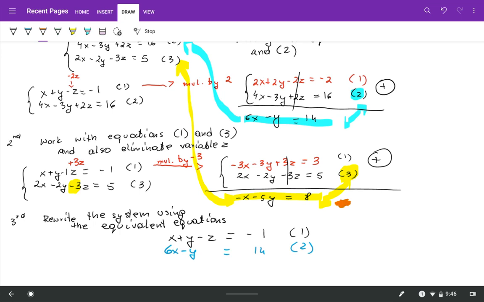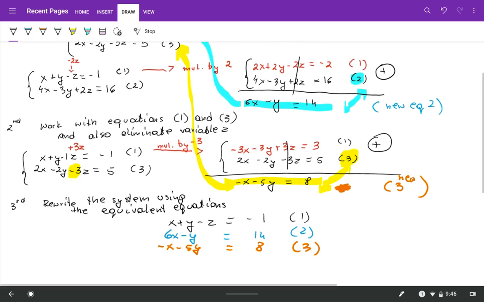And equation 3 will be -x minus 5y equal 8. So again, that's our new equation 3. And this one here, it's new equation 2.